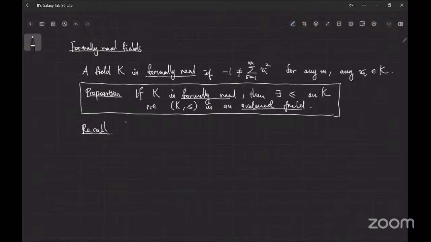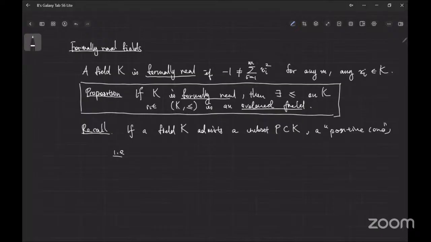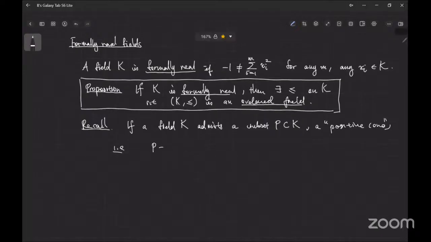Recall, if a field K admits a subset P, what we call a positive cone, i.e., it satisfies the following properties: P is closed under addition, P is closed under product, and P and negative P make up everything.